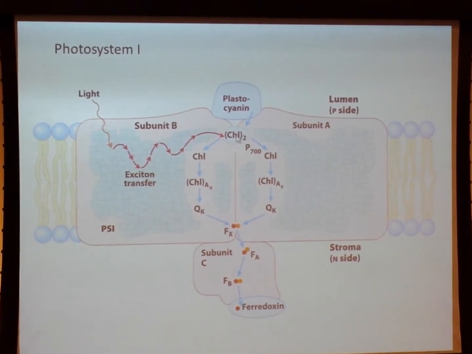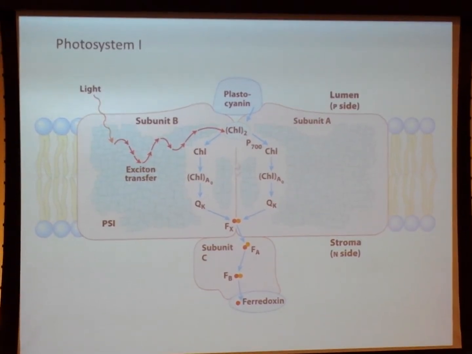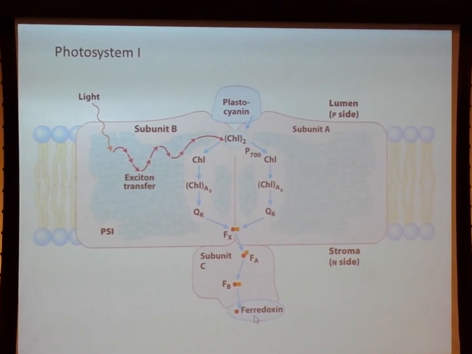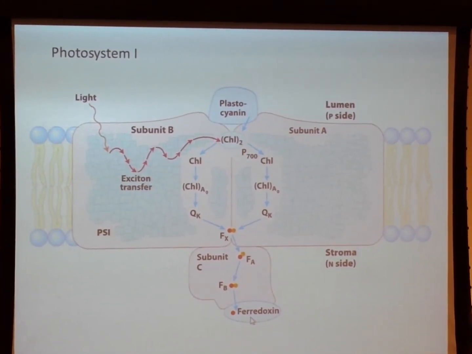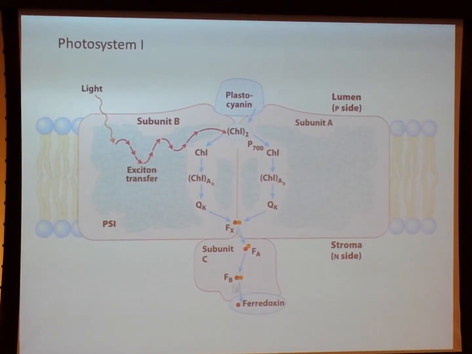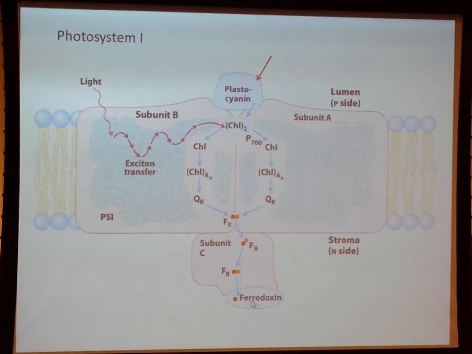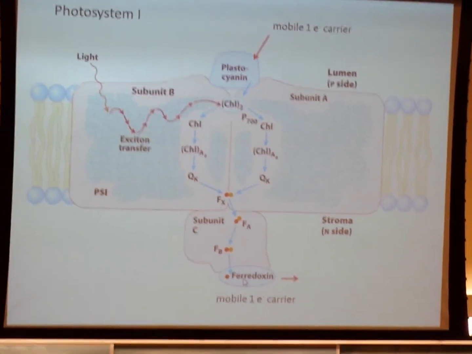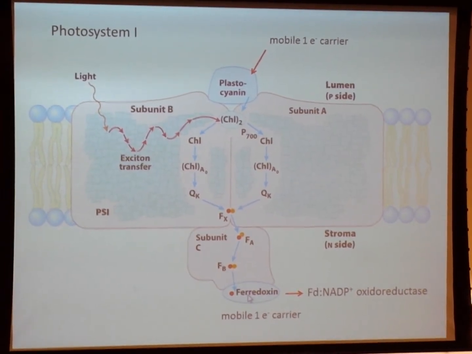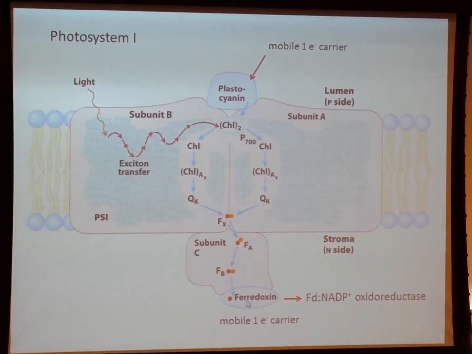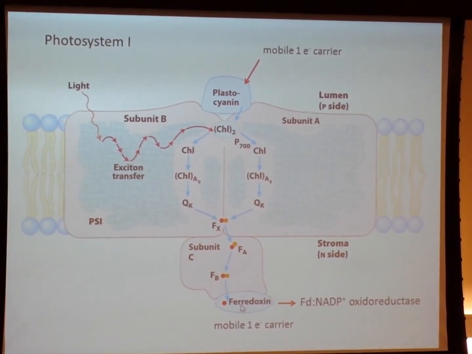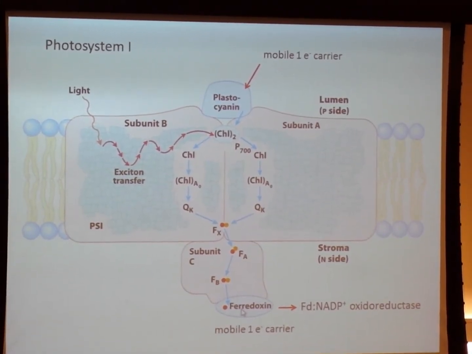Okay, so now this electron comes down to ferredoxin. Ferredoxin can carry how many electrons? Just 1. So 1 electron is coming down through here, loading up ferredoxin, which then is going to take it to that enzyme, which is going to take 2 of these ferredoxins to generate 1 NADPH.